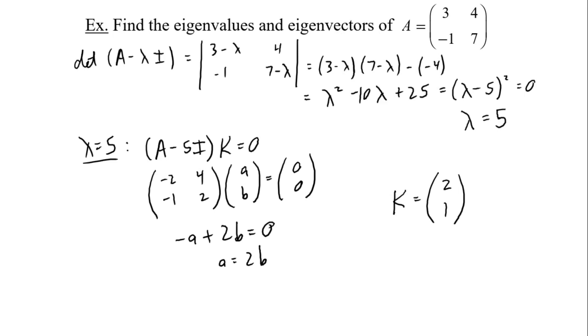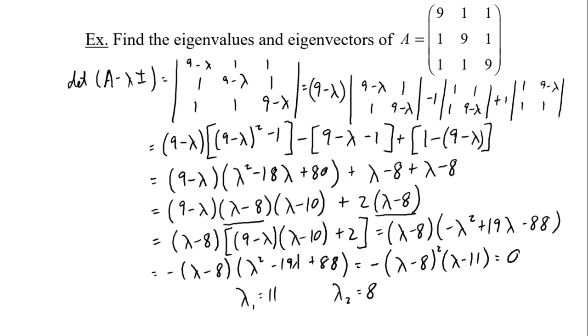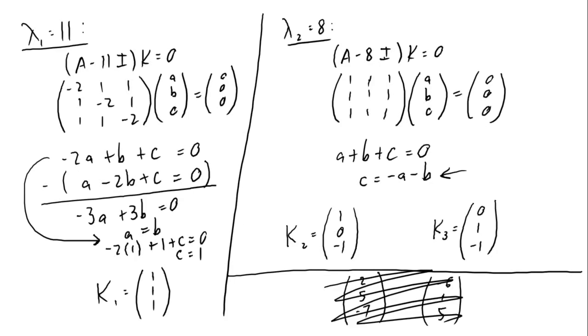We had this example right here. The eigenvalue repeated twice. I only got 1 eigenvector from it, and that's fine. Sometimes an eigenvalue repeats twice, but you only get a single eigenvector from it, and that's okay. But sometimes an eigenvalue repeats twice, and you get 2 vectors from that one value.